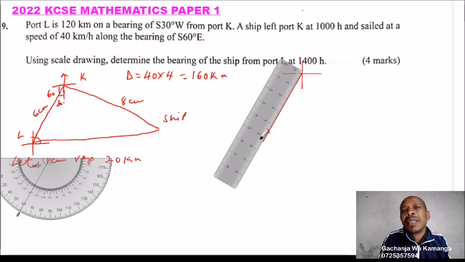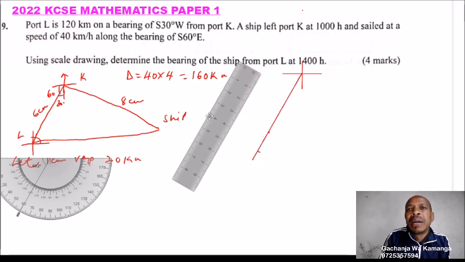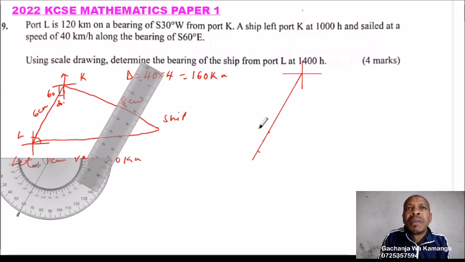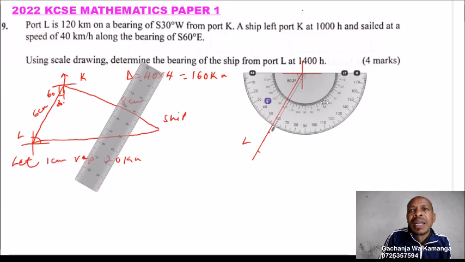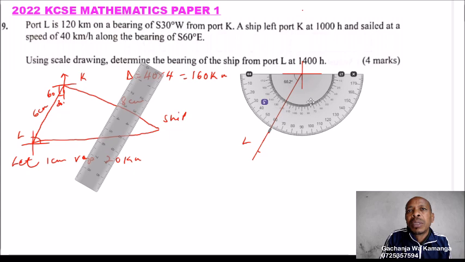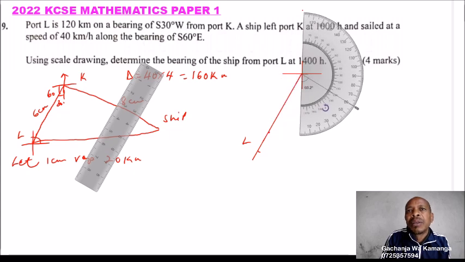So that's our line, and we are saying our scale is 1 centimeter represents 20 kilometers. So we measure around this is 6 centimeters. So that's where we have our K. This is point L. Now we get where the ship is from south to east. So we again take our protractor and we use our protractor to draw the angle.